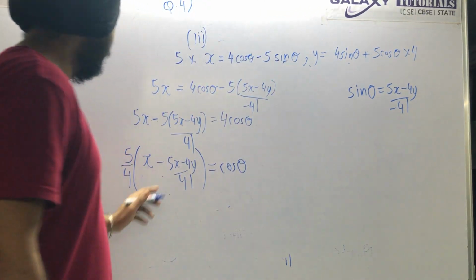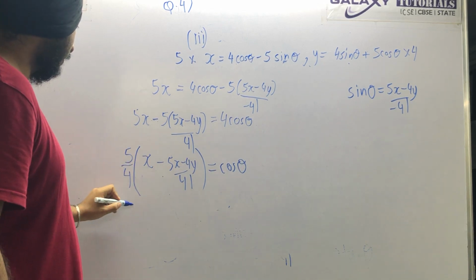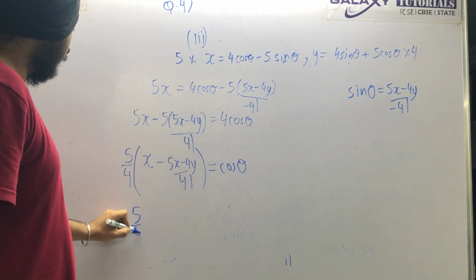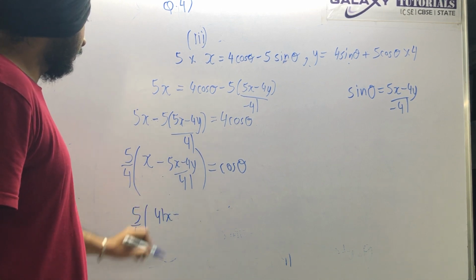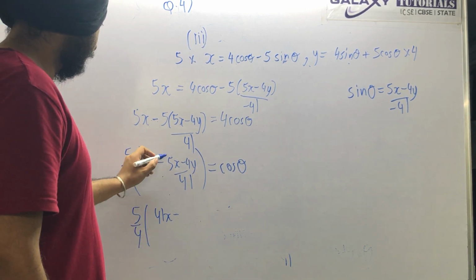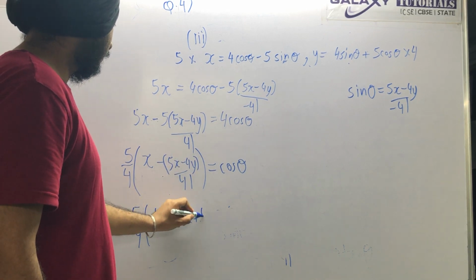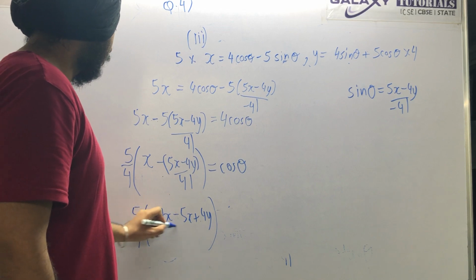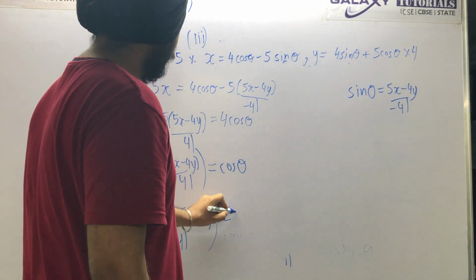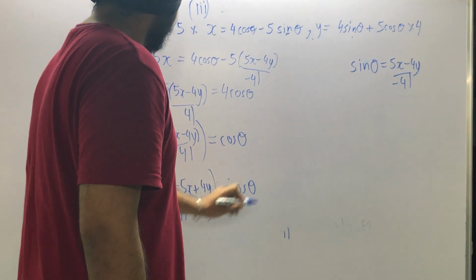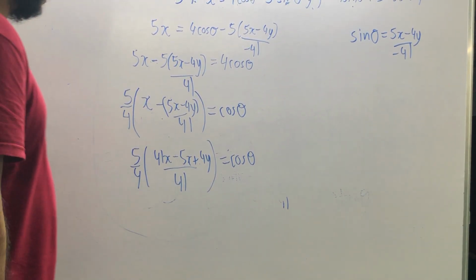So LCM will be 41. Yes, here LCM will be 41. So 5 by 4 into (41x minus (5x plus 4y)) upon 41 is equal to cos theta. So 45 minus 5 is how much? 36.